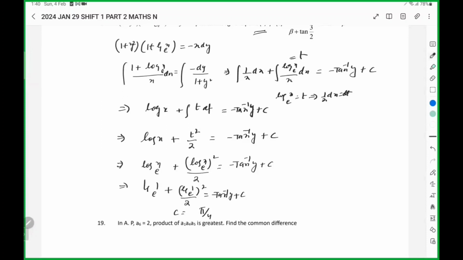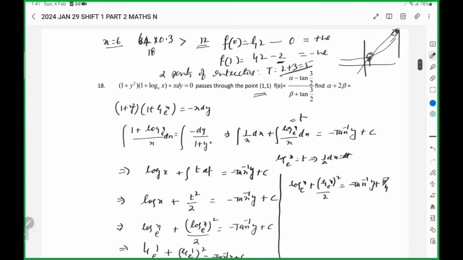Then the curve equation will be log x to the base e plus log x to the base e whole square by 2 is minus tan inverse y plus pi by 4.